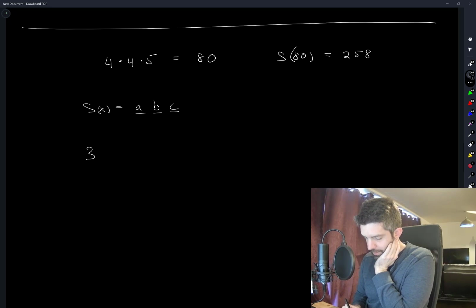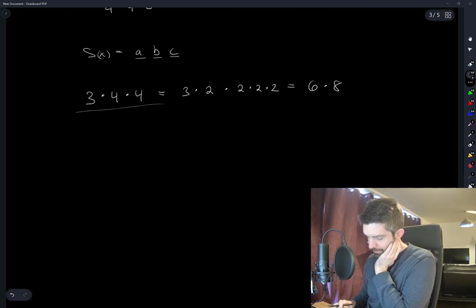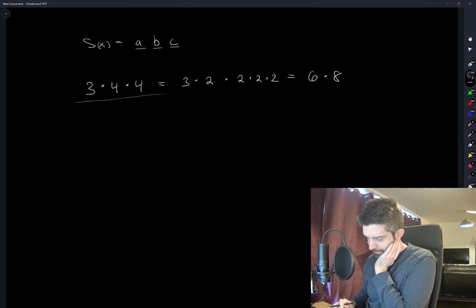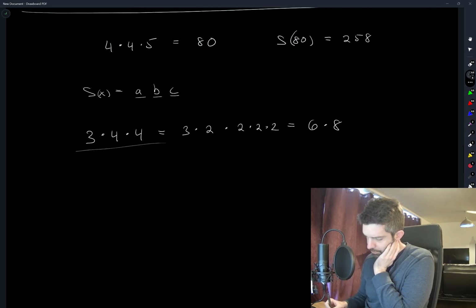So what about 3 times 4 times 4? I don't think this is going to work either, because this is 3 times 2 times 2 times 2 times 2, which is equal to 6 times 8. Okay, so 344 doesn't work. I guess we worked this one out earlier, didn't we? This is 48.